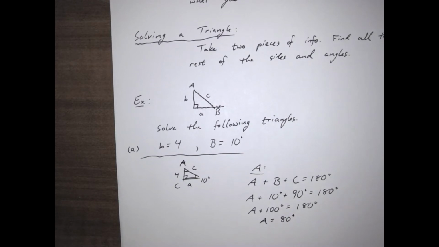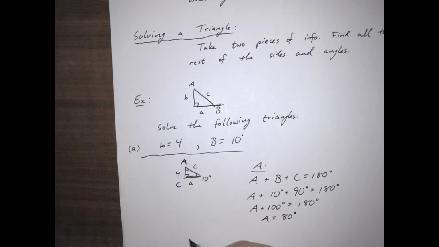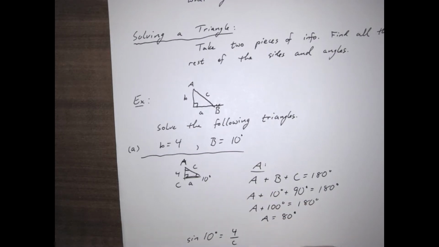Okay, so that was nice. Now, if I want to find any of the other things, I just have to find the equations that relate them. So let's just say sine of 10 degrees. What's that equal to? Well, relative to the 10 degrees, the opposite side here is 4, over the hypotenuse.